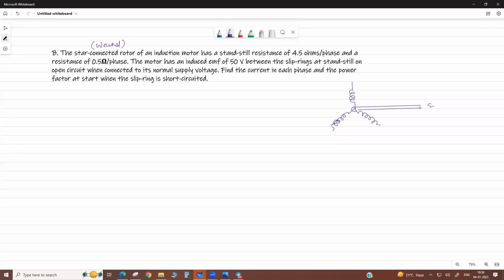This is your shaft. On this shaft, slip rings are mounted. Correct, my dear? And this winding is connected to the rotor resistance starter or external resistance.